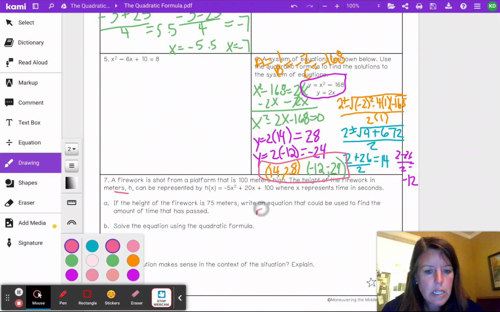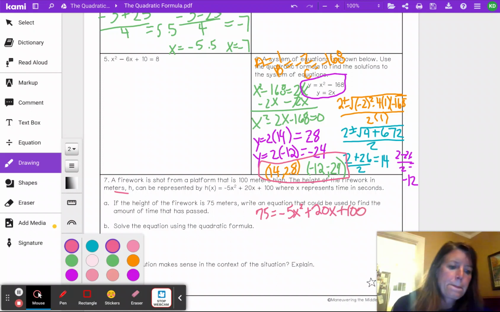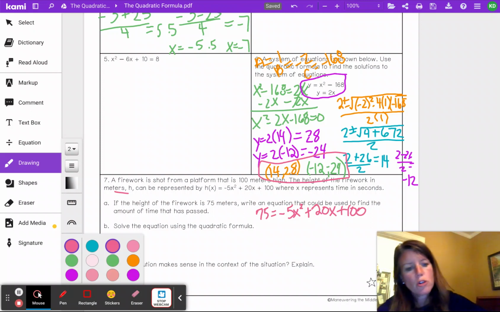So we would just write this as 75 equals negative 5x squared plus 20x plus 100.